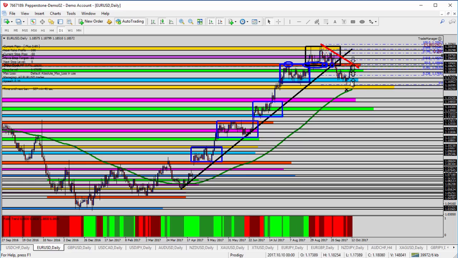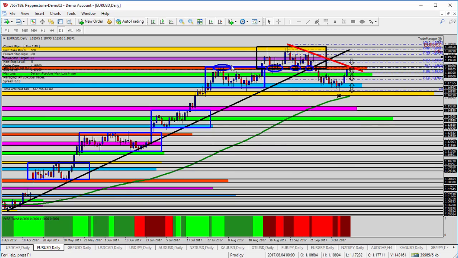Now we're looking for the formation of the right shoulder. So we're looking at this as a potential head and shoulders pattern: left shoulder, head, right shoulder. Of course, a break of the blue zone, maybe even the yellow zone and the 100 period moving average, breaking the neck level of the head and shoulders pattern, could see a significant push lower. Forex Black Book is in our favor as well, so we're looking for that to be a potential reversal zone.